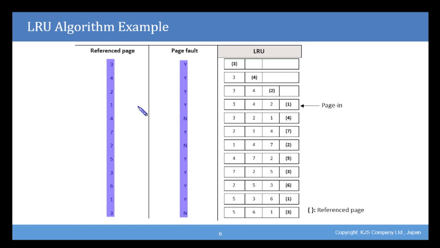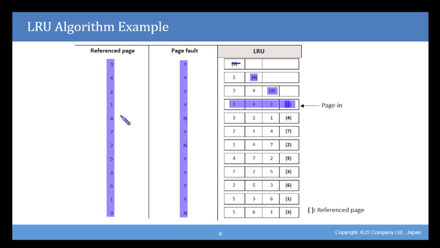So for the first 4 cases, no matter what, we're always going to be using a page in. The reason for this is that there's always going to be at least 4 spaces in memory as per our example. So first of all, we insert a 3, then we insert a 4, then we insert a 2, then we insert a 1. So we're left with 3, 4, 2, 1 as our input.